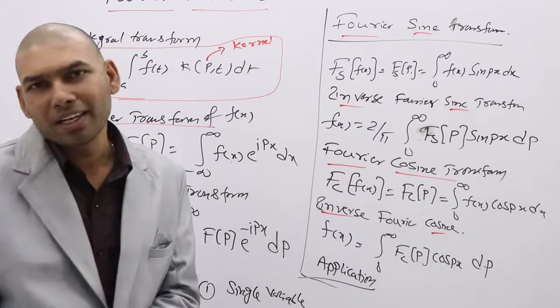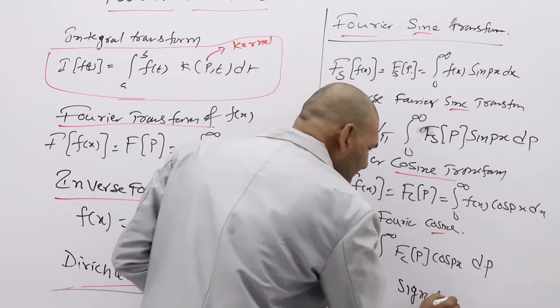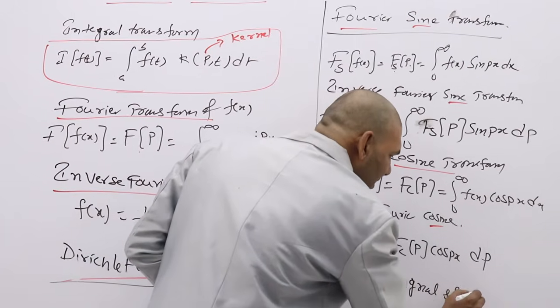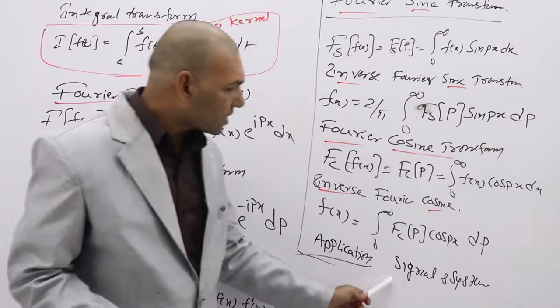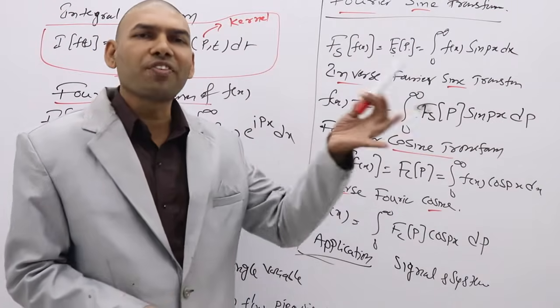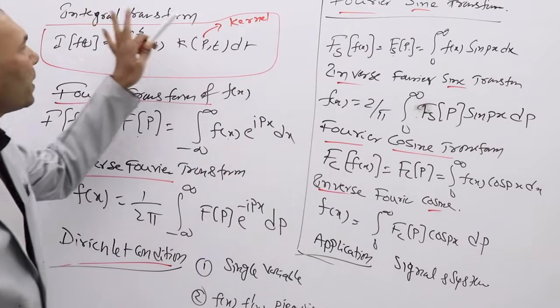There is a subject, signals and systems, which discusses signals. To find out the nature of signals and the frequency conversion in signals, we use the Fourier transform.